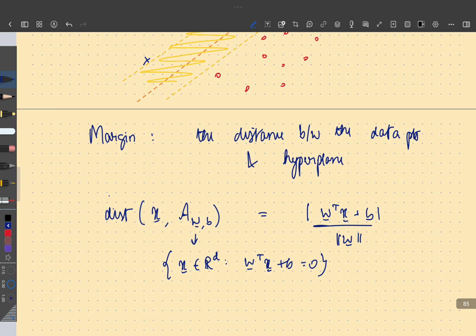So if the norm of w is equal to 1, then it's equal to mod of w transpose x plus b. Should it be the square of the norm?